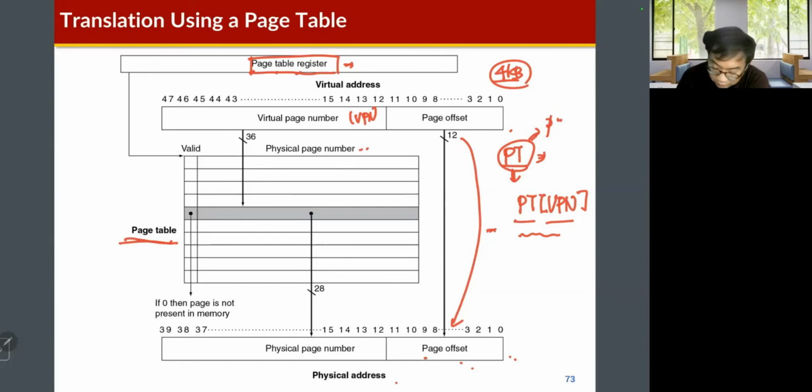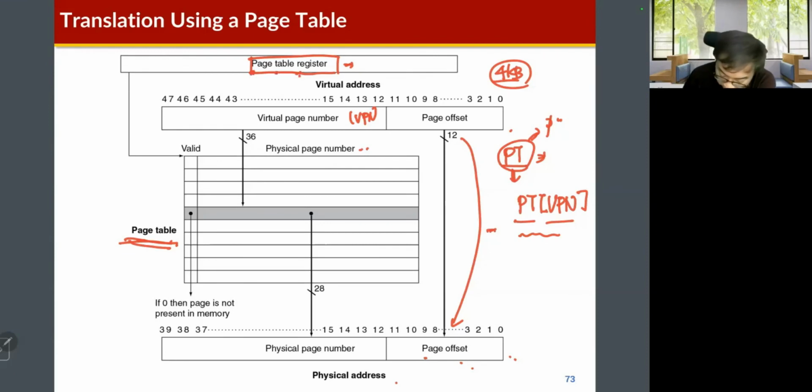Okay, so when the virtual page number is given, this virtual page number needs to be translated into the physical page number. Then we need to access the page table pointed to by the page table register. It's a software data structure.